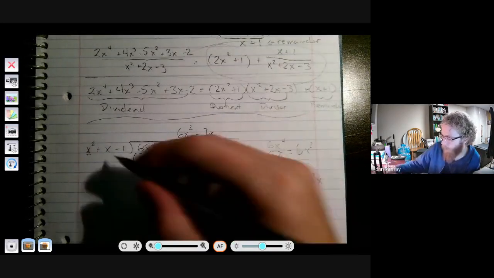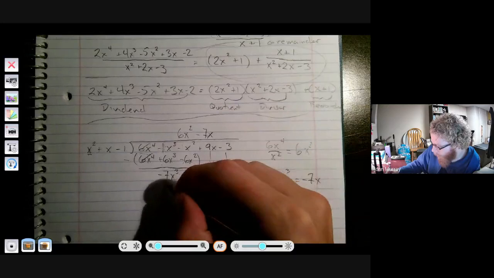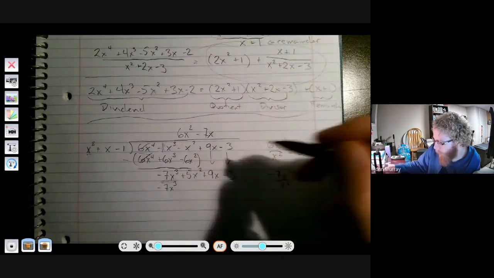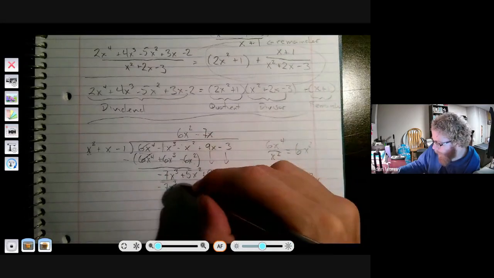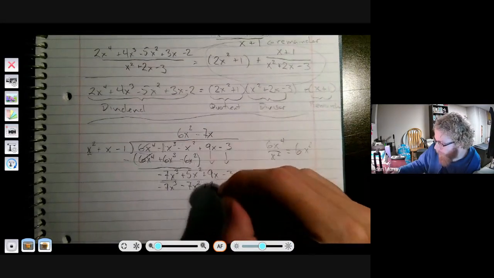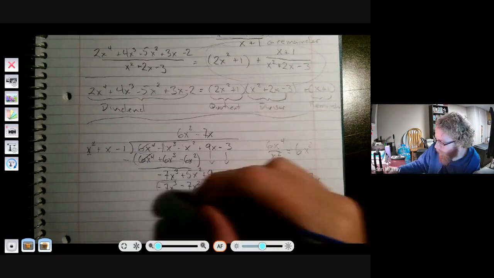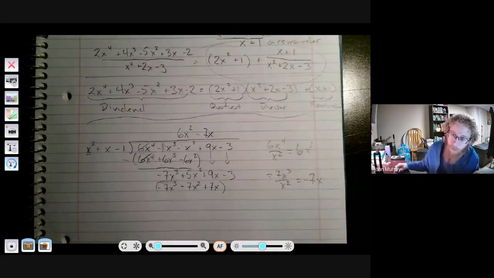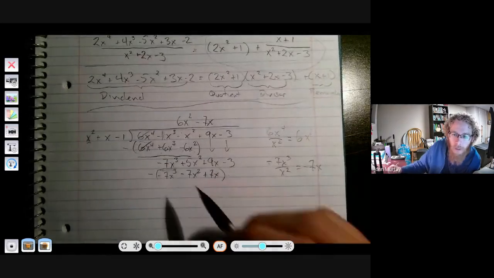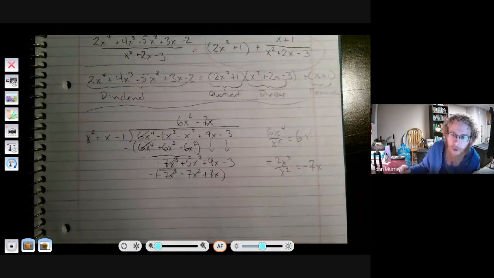Okay, again, we distribute. We get a negative 7x cubed, negative 7x squared, positive 7x. And again, we subtract, eliminating that first term.